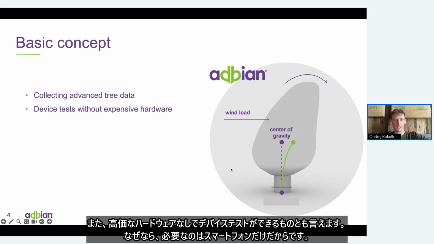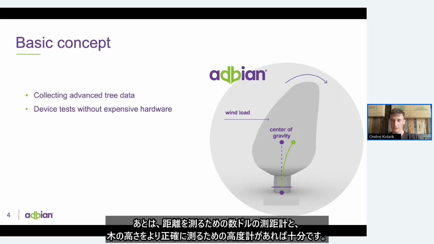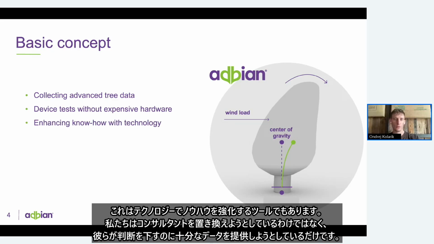You can also think of it as a device test without expensive hardware, because all you need is your phone, a rangefinder to measure the distance, which is a few dollars, and an altimeter to measure the height of the tree more precisely. You can think of it also as a tool for enhancing know-how with technology.